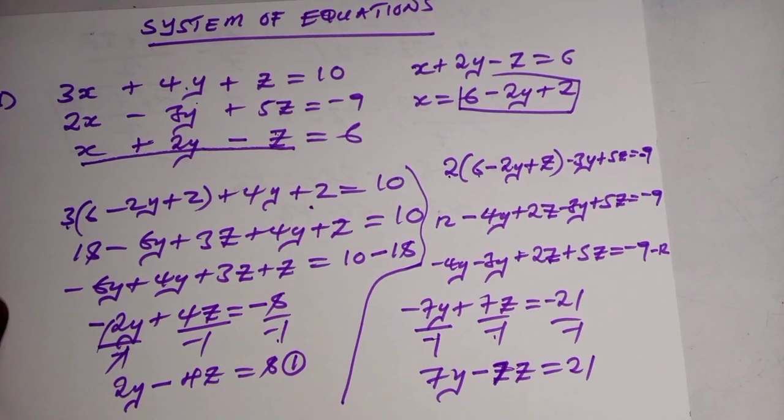So we have two equations now: 2y minus 4z equals 8, and 7y minus 7z equals 21.